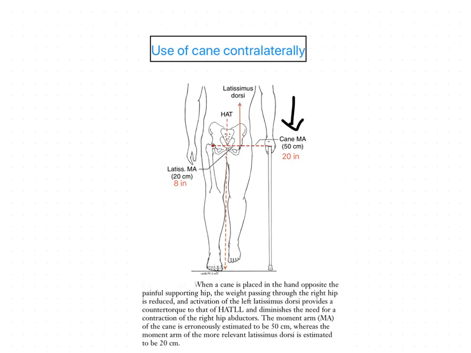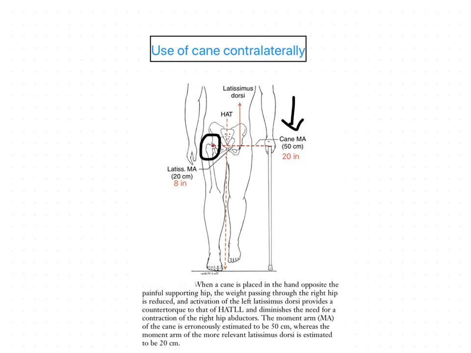However, we now have the cane substantially farther from the hip joint, much farther than if it were used on the same side.